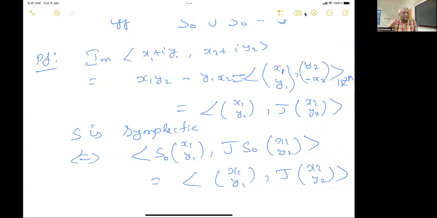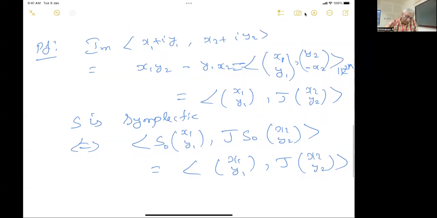So now the first term, you can bring the S naught star there, and this is satisfied for all x1, y1. So these things clearly imply S naught star J S naught equals J, as operators. If two operators satisfy this for the inner product as a linear functional, they are equal. Incidentally, you should remember this.